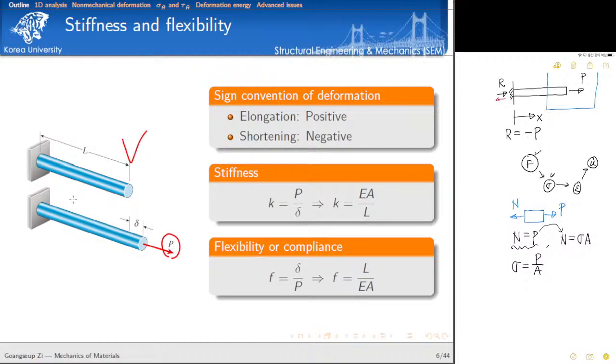So now we are here. Now let's calculate the strain value. Strain is, by Hooke's law, the stress divided by the elastic modulus. So let's plug in here: elastic modulus and cross-section area, and then load P.